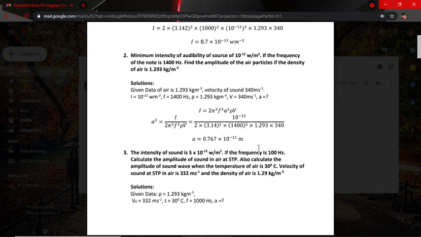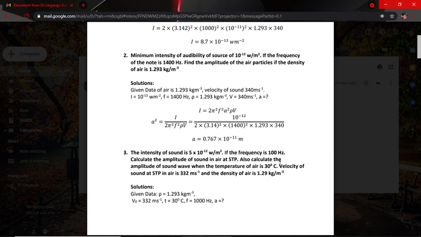Next, we come to the third one. The intensity of sound is 5 into 10 to the power of 12 watts per meter square. The frequency is 100 hertz. Calculate the amplitude of sound in air at STP.